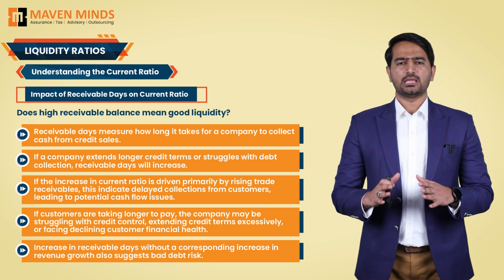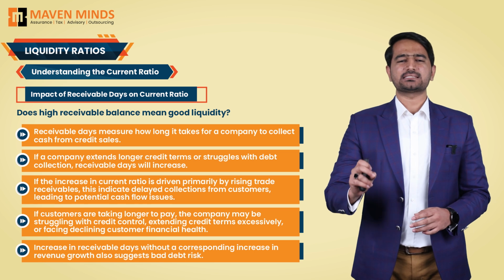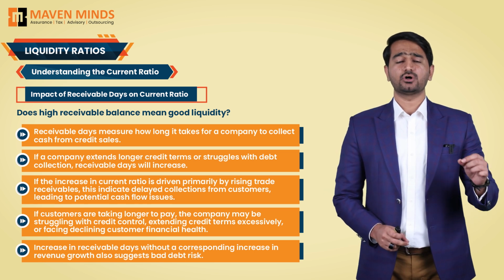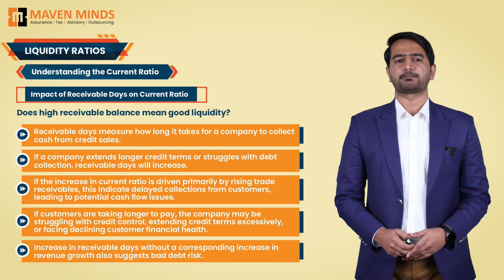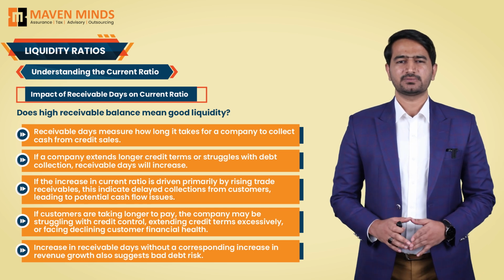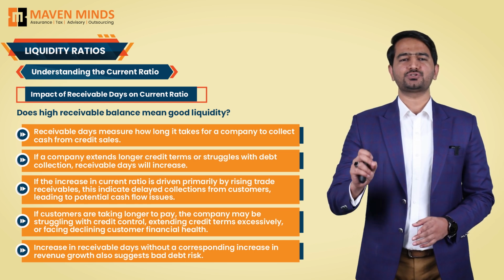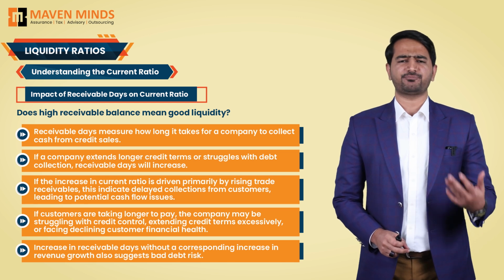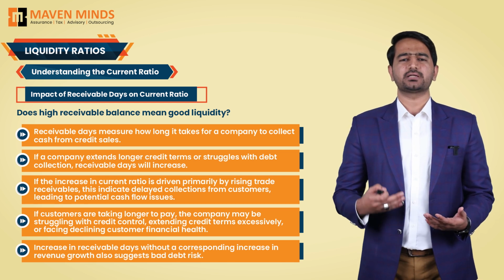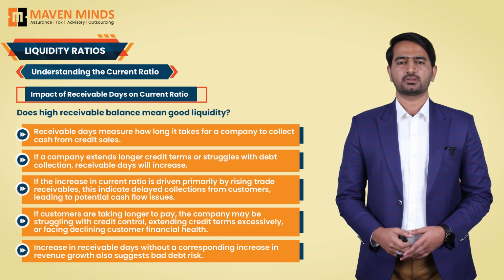Now, imagine you are analyzing a company and you observe that its current ratio is improving over time. At first, this suggests improved short-term liquidity, indicating that the company has sufficient current assets to cover its short-term liabilities.